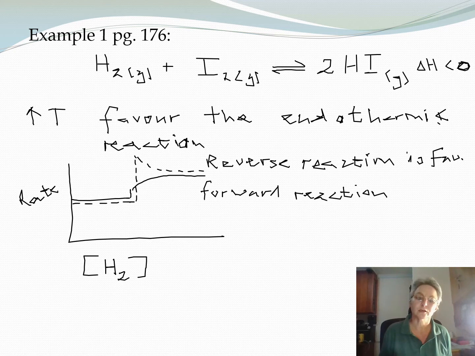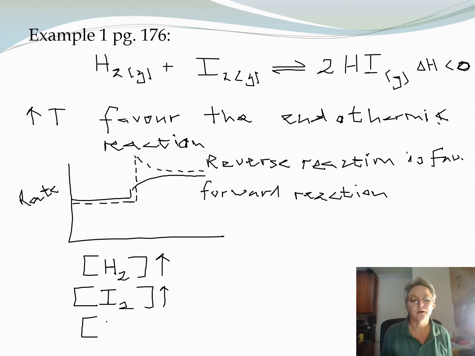Because the reverse reaction is favored, that concentration will go up. What happens to the concentration of iodine? Because the reverse reaction is favored, that concentration goes up. What happens to the concentration of hydrogen iodide? Because the reverse reaction is favored, the concentration of hydrogen iodide will decrease. So another way to say this is that the equilibrium shifts to the left.